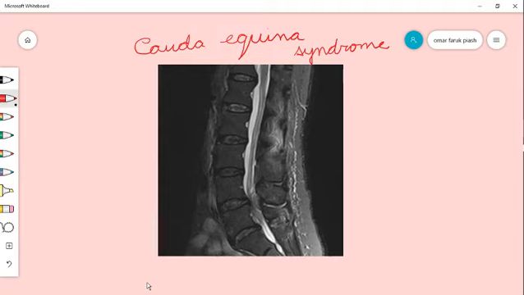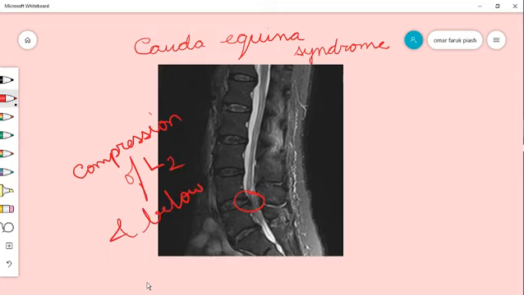There is radicular pain, absent knee or ankle reflex, loss of bladder and anal sphincter control, and saddle anesthesia.